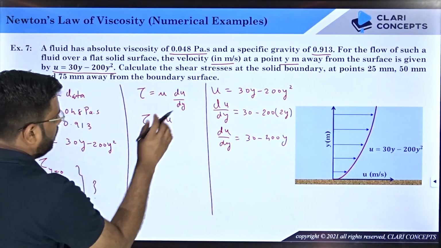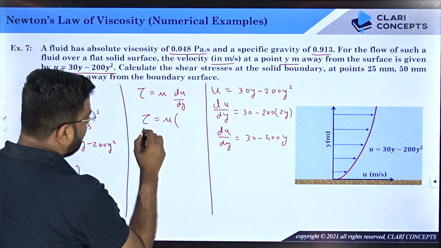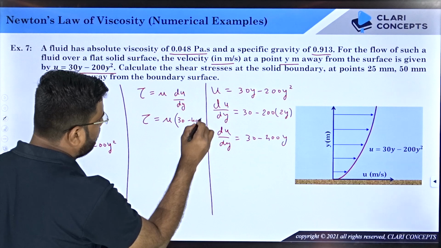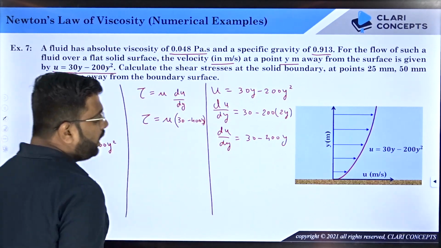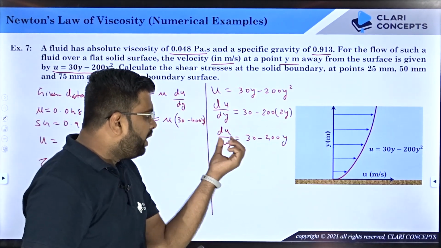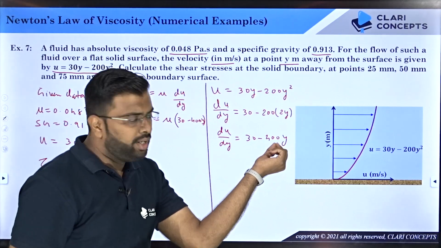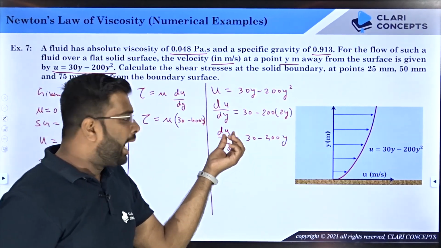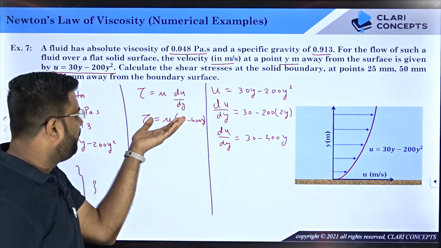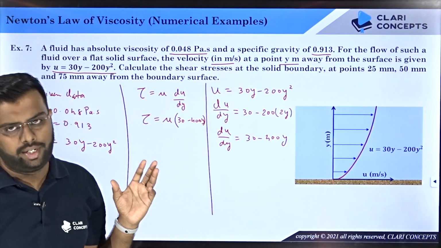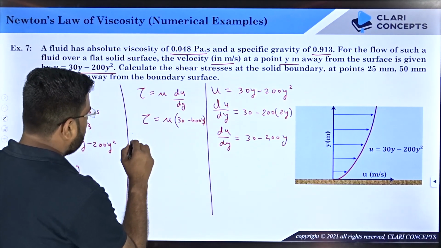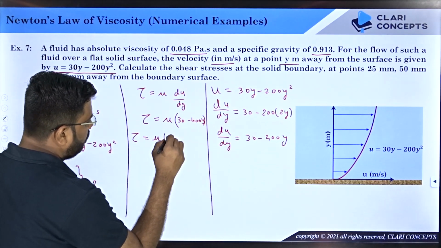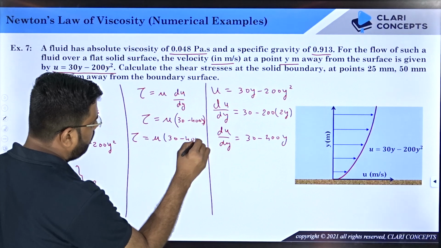Now you put this value over here. So this is tau equals mu into (30 minus 400y). Very simple. Now you see, here in this case, du by dy also has the variable y, which means at different values of y, du by dy will be different, and which again means that at different values of y, tau is also going to be different, right? So I will say tau will be equal to mu into (30 minus 400y).